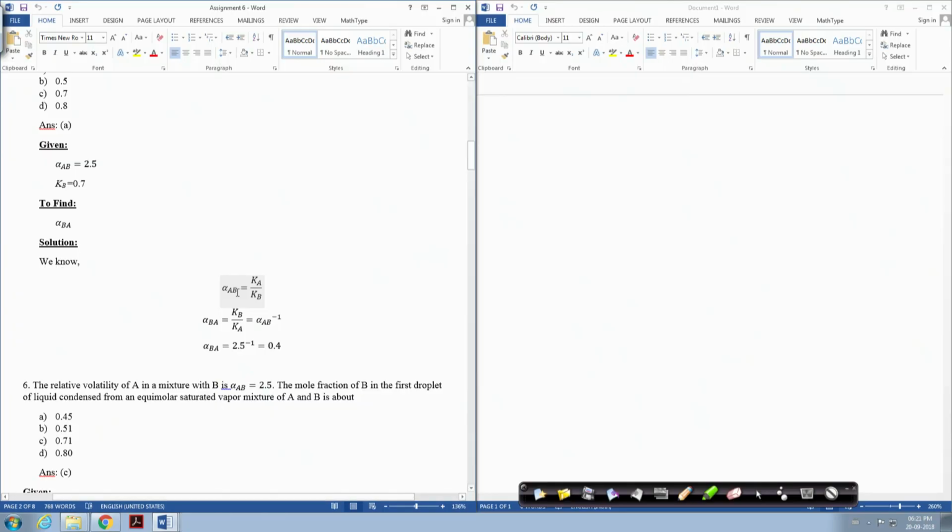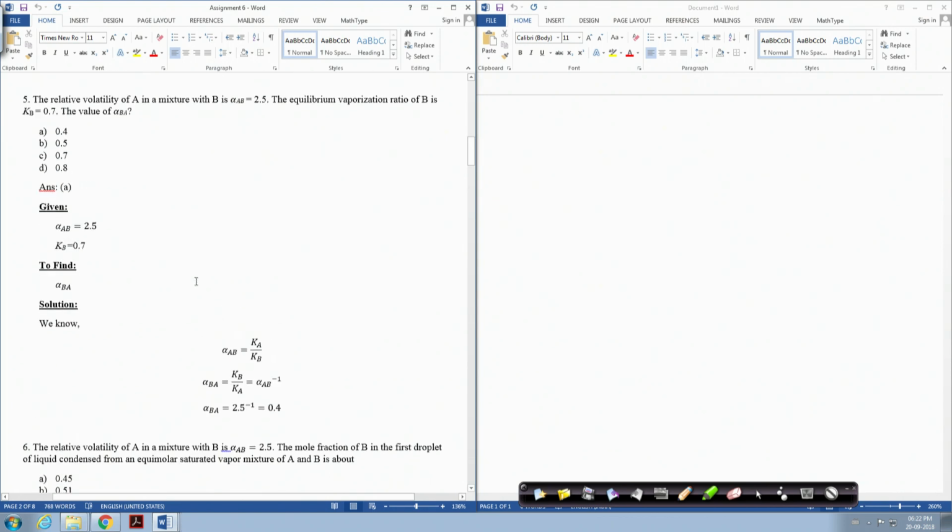Now, going by the definition of relative volatility, alpha AB is the ratio of the equilibrium constants of A and B, so alpha AB is Ka by Kb, and alpha BA is the reciprocal of alpha AB.